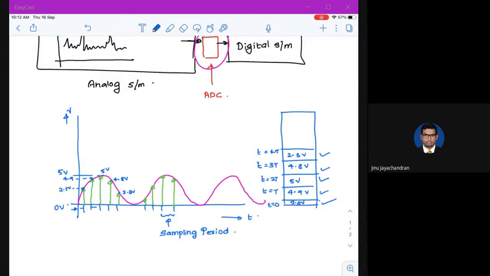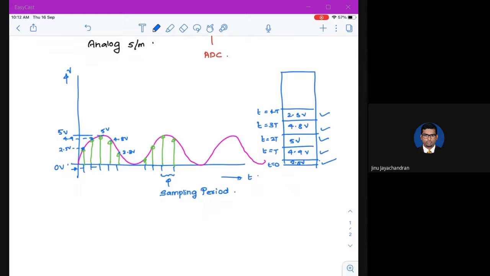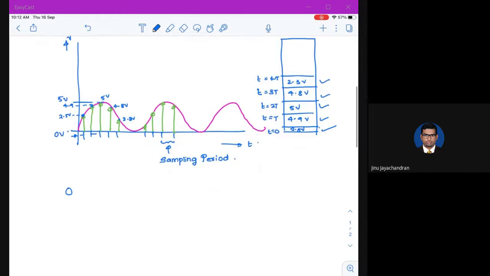So to do the digitalization, you are going to divide this 0 to 5 volt range into uniformly distributed divisions. Let's say I divide this into 10 divisions, just for the sake of example. There are 10 divisions between 0 and 5 volt.